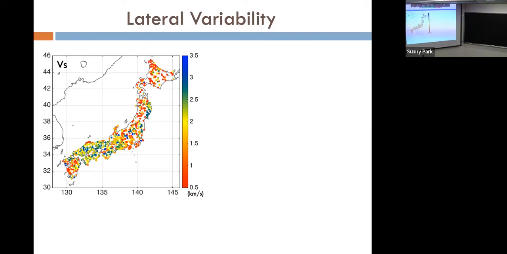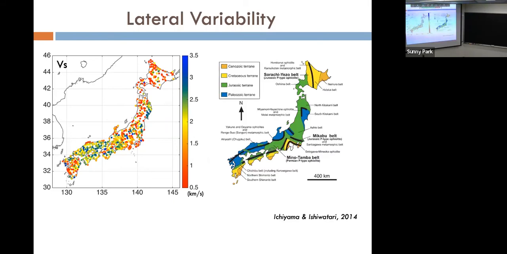For example, this is a simplified geotectonic map of Japan. The blue color is the oldest part of Japan, and lighter color is the younger part. One feature that's often talked about in Japan is the MTL, or Median Tectonic Line, that's here. And actually, we might be picking out such a zone here.